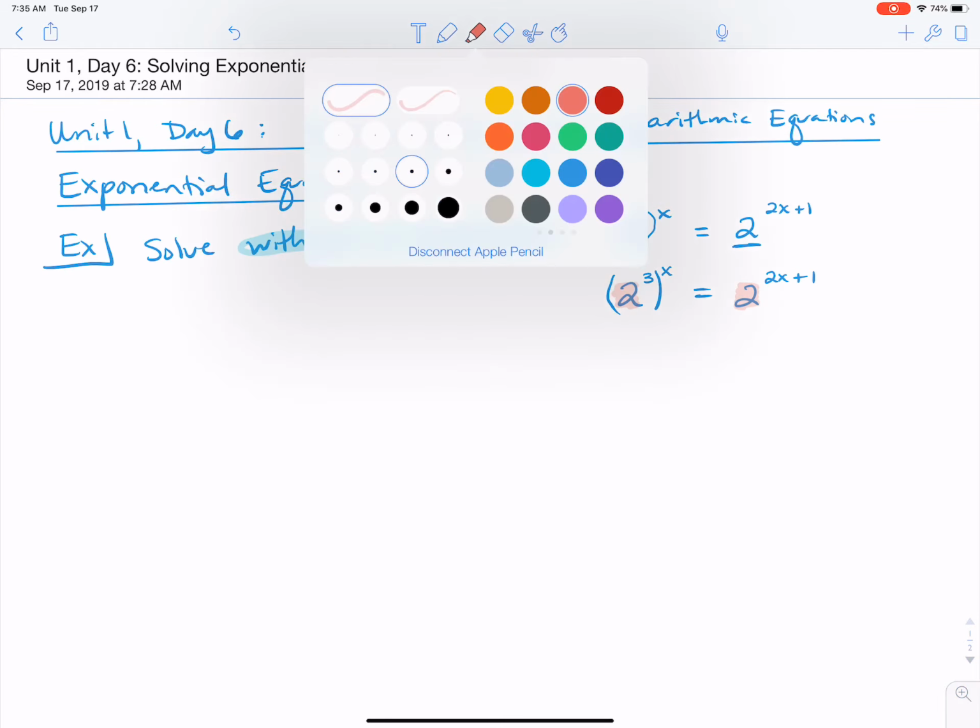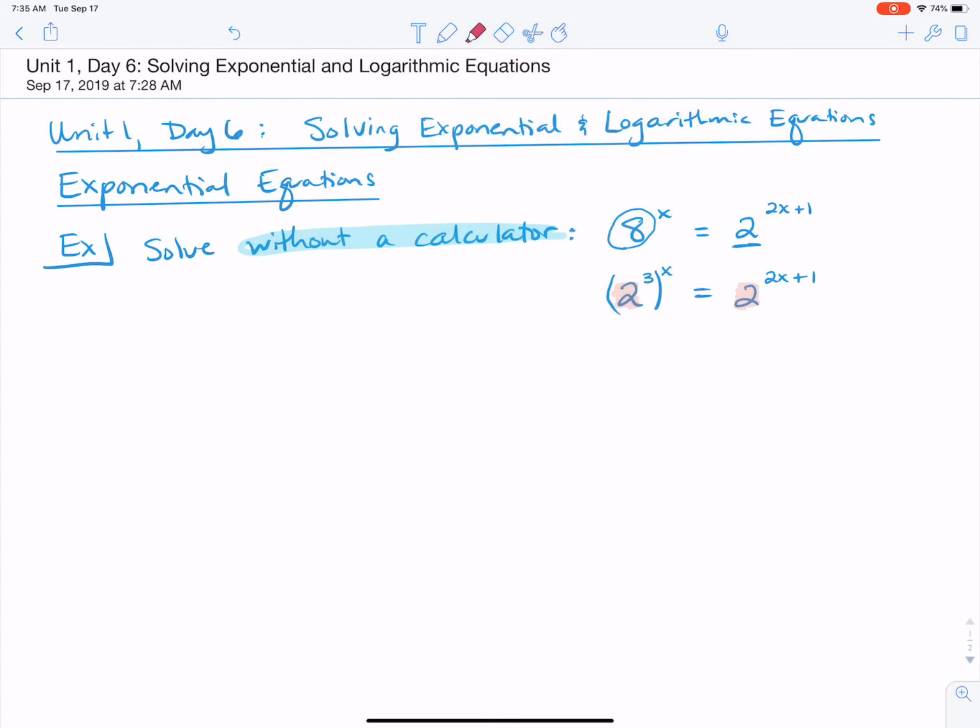So these are matching bases. If the bases match and the left side equals the right side, that means that you have to have matching exponents. If this equation is true, the left has to equal the right. So the bases already match. That means your exponents have to be equal as well.